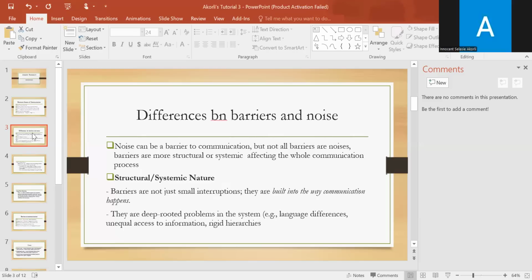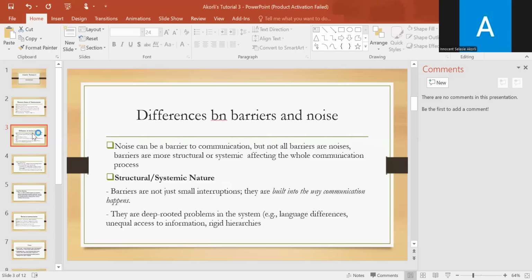They are structural. They are more permanent. They are bigger problems than just noise. They are deep-rooted problems in the system. For example, language differences, unequal access to information, rigid hierarchies.